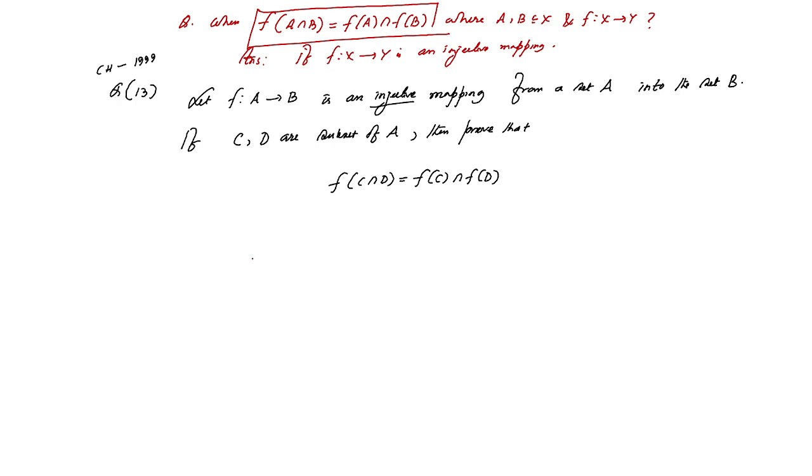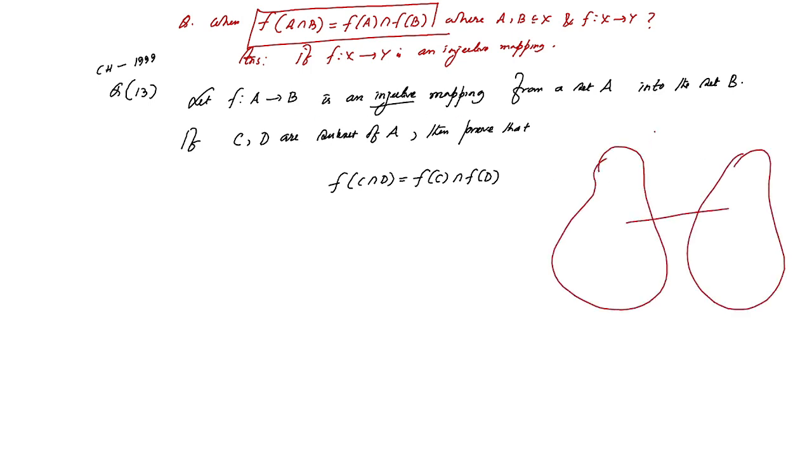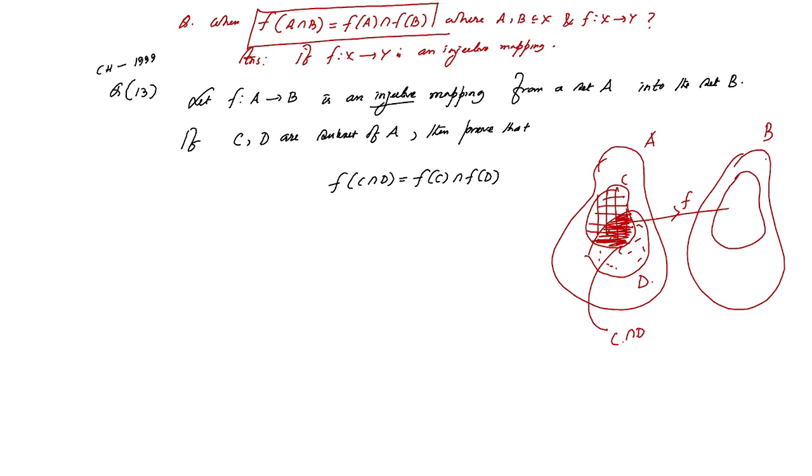That we have already shown with the counterexample. But now if f is an injective map, here f is a map from A to B, and this set is C and this set is D. This is basically the intersection part, C intersection D. And if we consider this will be your fC and this will be your f of D, then this part will be fC intersection fD.